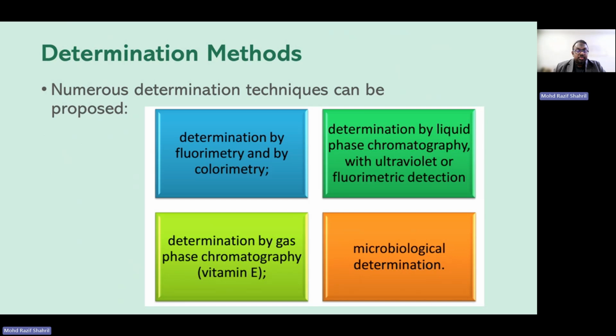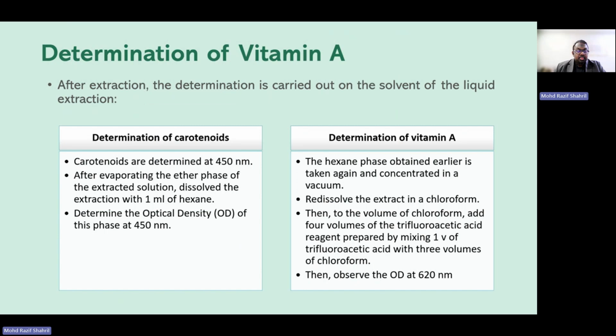We can use fluorometry and colorimetry, liquid phase chromatography with ultraviolet or fluorometric detection. We can use gas phase chromatography, which is particularly good for vitamin E, or even microbiological determination. For vitamin A, this determination is carried out directly on the solvent of the liquid extraction.